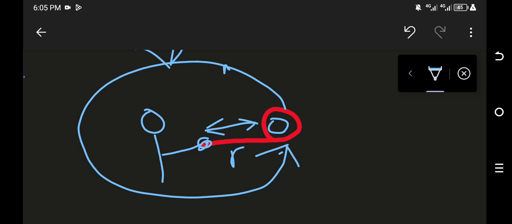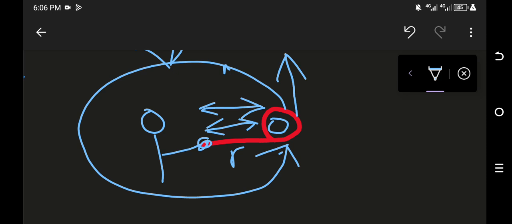The force acts at the center, from here up to here, so it acts in the direction of the radius, but the velocity of the stone acts in a straight line. It acts perpendicular to the force.